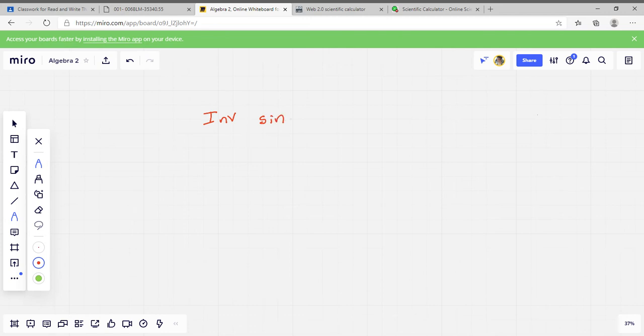So if we know that the sine of 30 degrees is 0.5, the inverse sine of 0.5 is 30 degrees. We're just going backwards, okay?